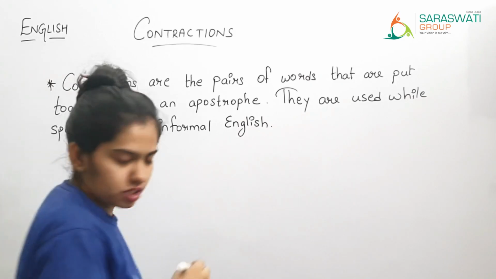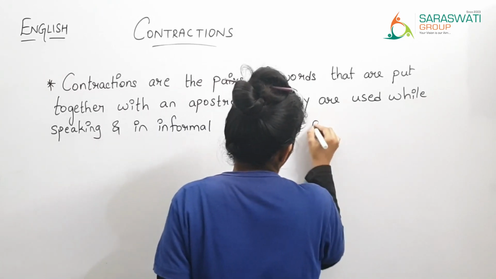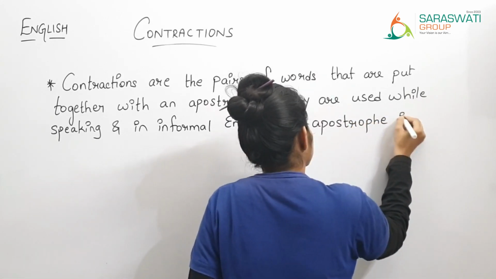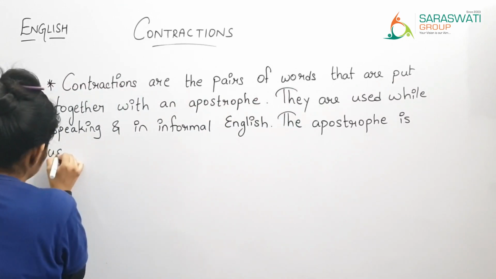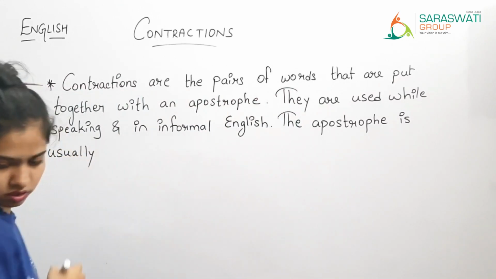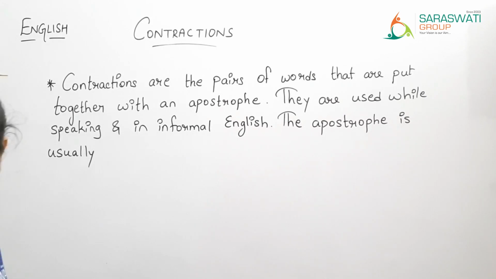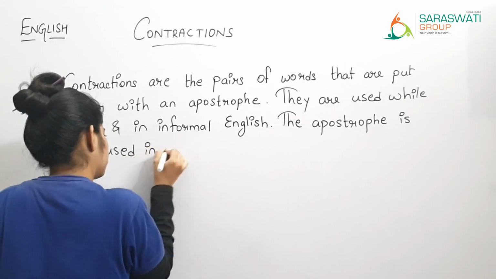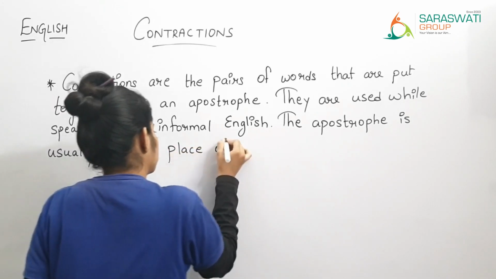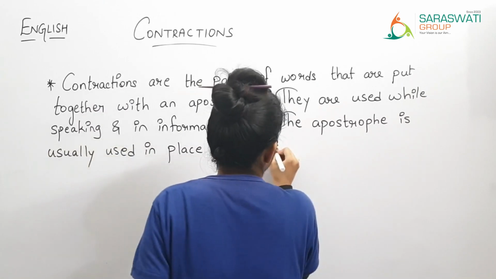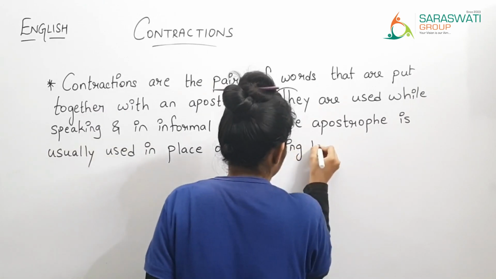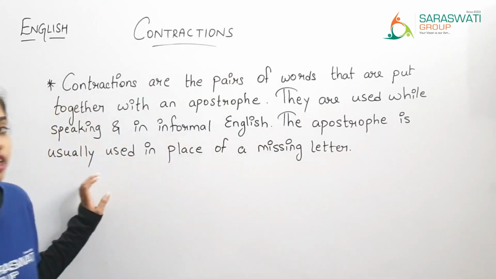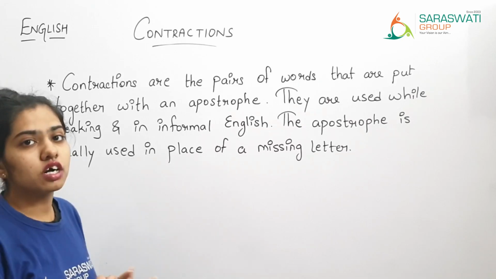The apostrophe is usually used in place of a missing letter. Okay, so this is the definition of a contraction.